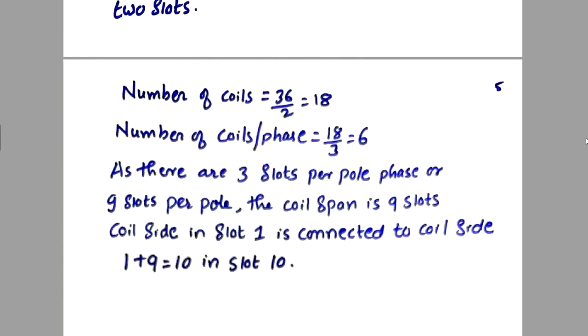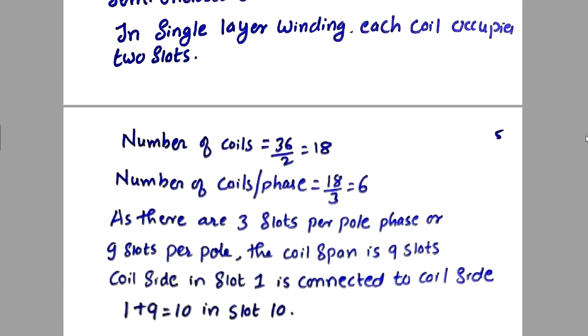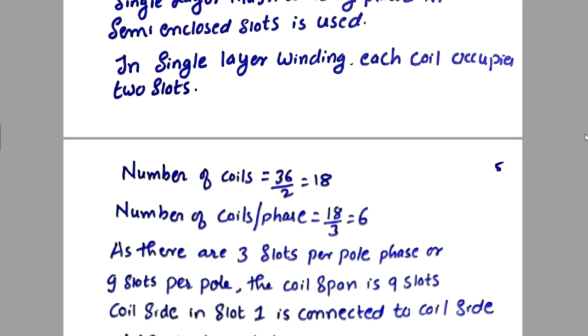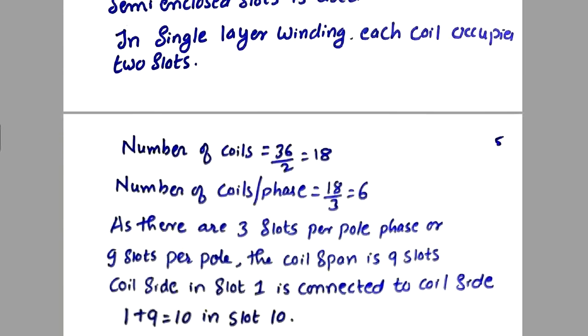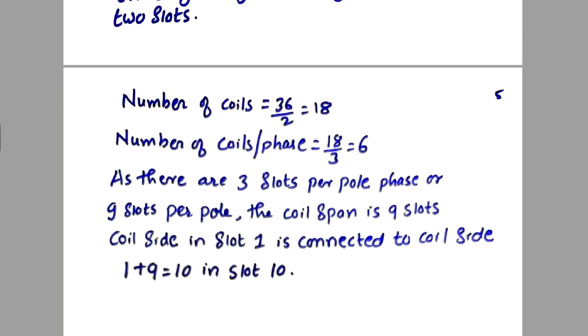Number of coils is 36. Divide by 2, and the number of coils per phase: there are 3 phases, so 18 by 3 is 6. There are 3 slots per pole per phase, or you can consider 9 slots per pole per phase.